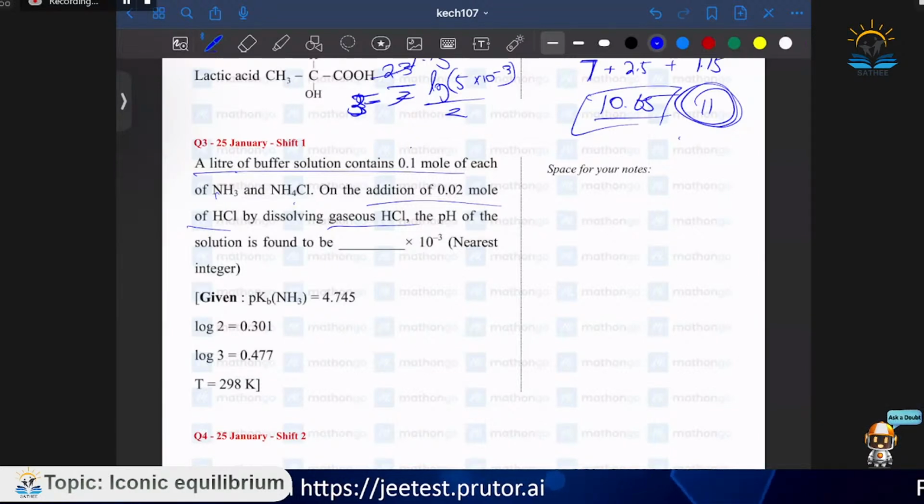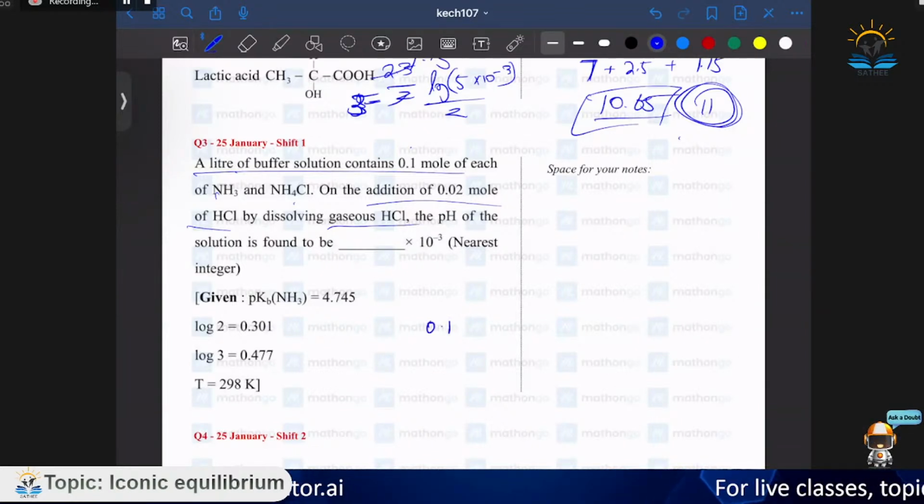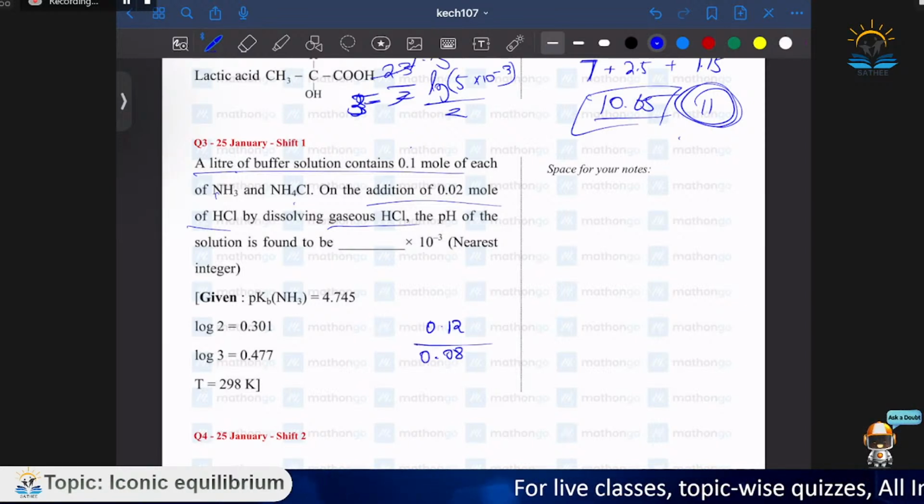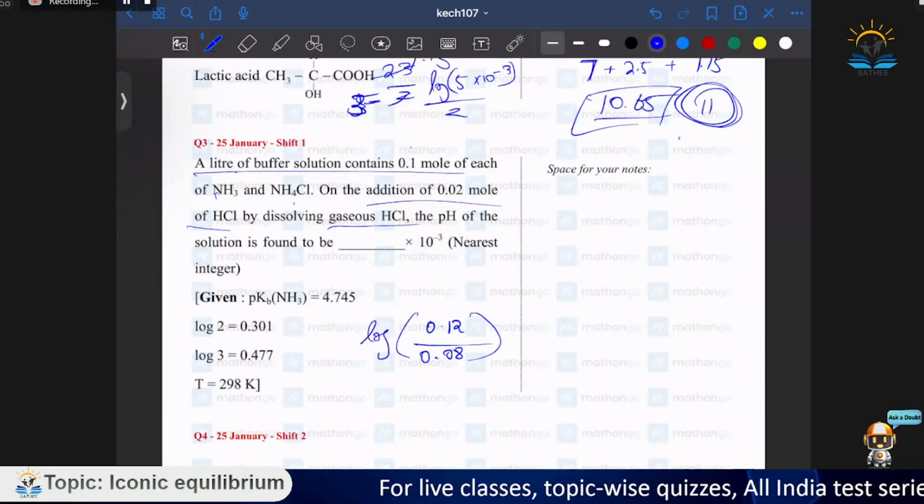You have added some amount of HCl, so some more salt is going to be formed. So 0.12 mole of salt will be found, and 0.08 amount of acid will be left, because some base will react with your acid.